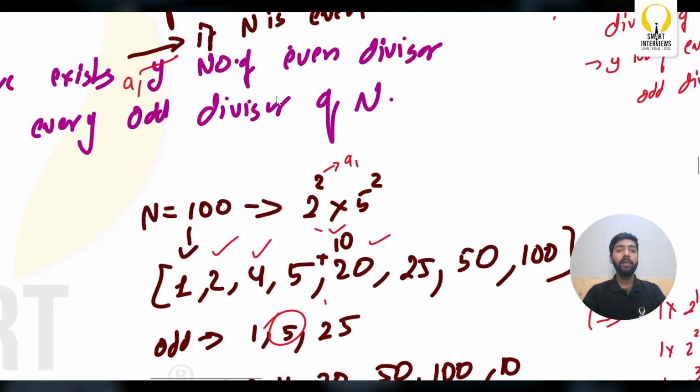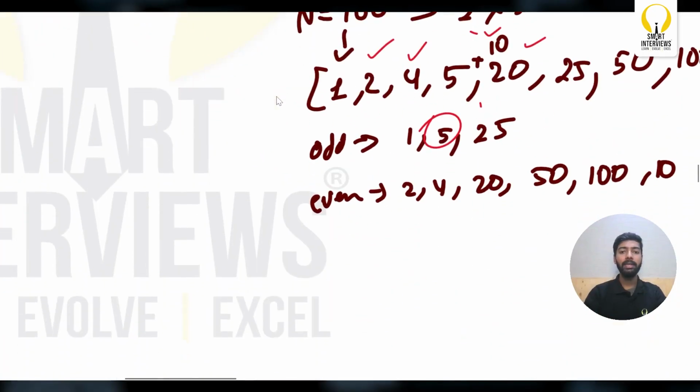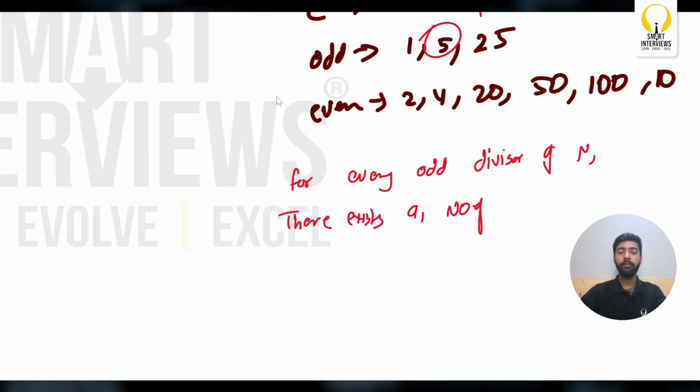So that means for every odd divisor, let me rewrite the statement. For every odd divisor of n, there exist a1 number of even divisors. So this condition is satisfied.